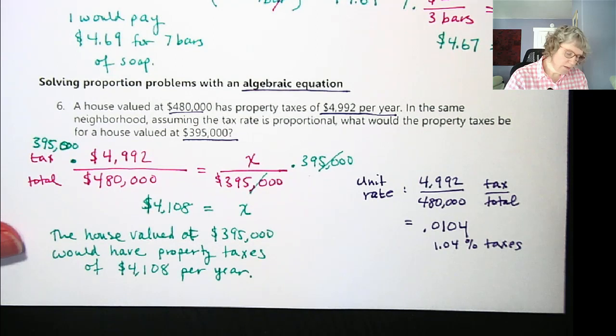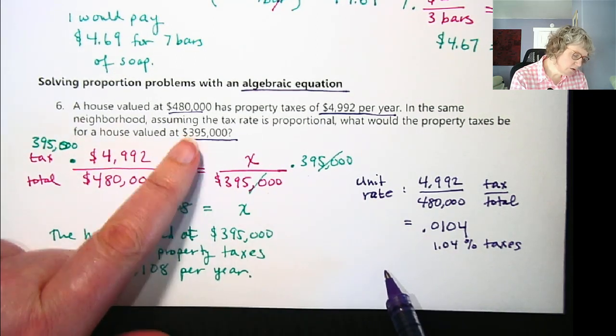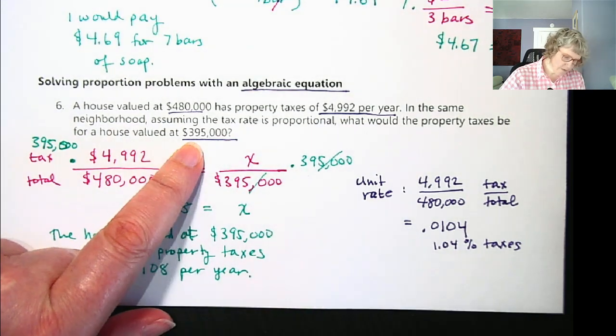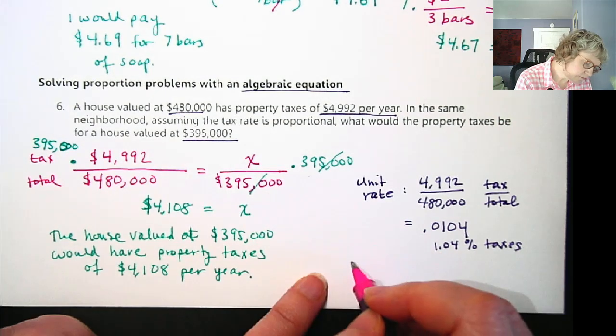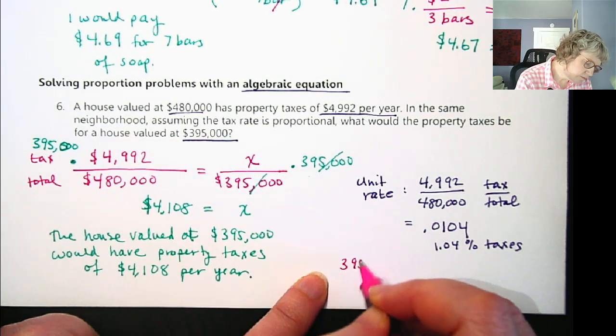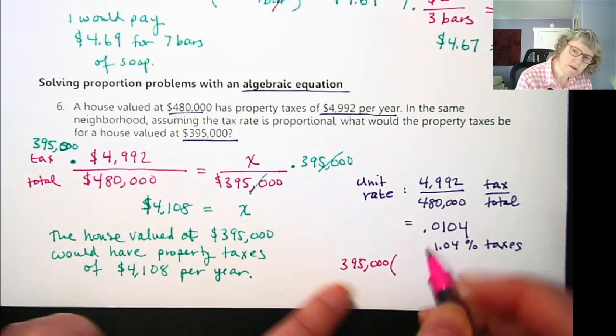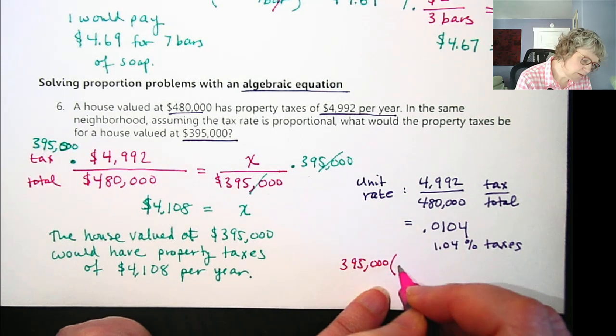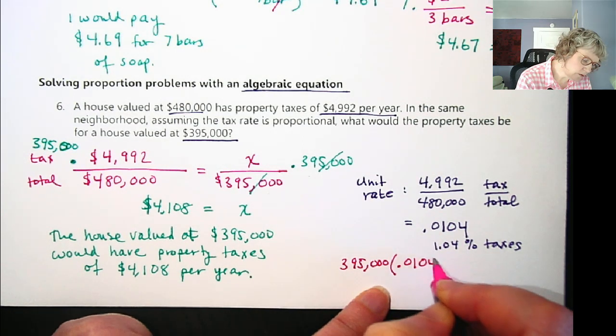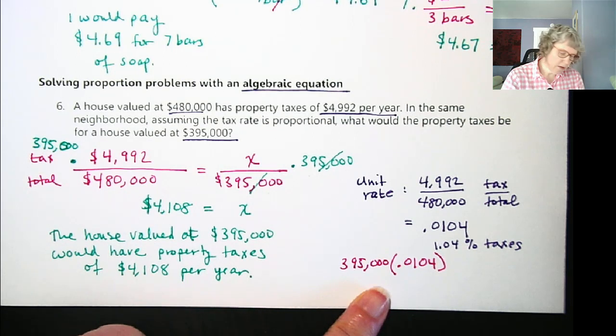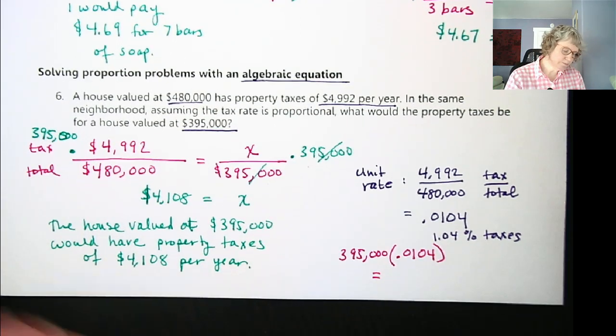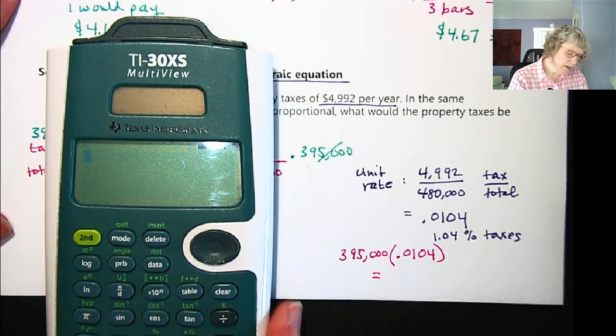Then I'm going to apply that percentage to the 395,000. So I'm going to multiply that. I'm going to keep it in the decimal form because we always need to do math with the decimal form. Let's see if we get the same number.